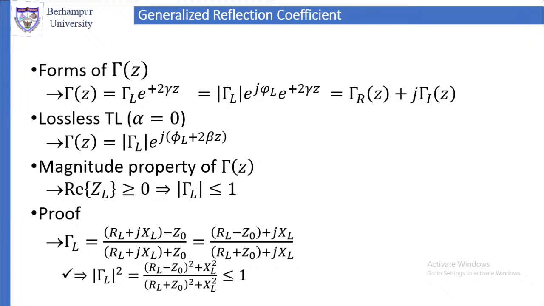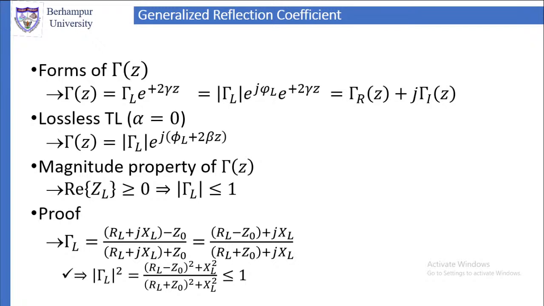Now, what is the magnitude property of this? We have seen the absolute gamma L. We are considering absolute gamma L, which is the magnitude of gamma z. So what will be that? You know, real part of ZL. ZL is the impedance. Since ZL is impedance, its real part is resistance.